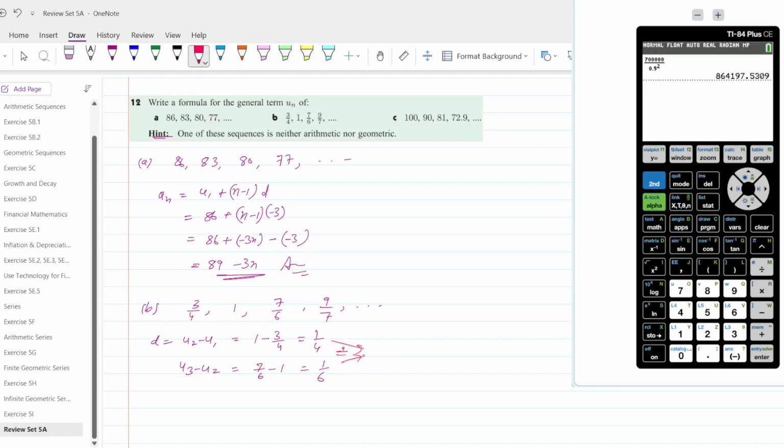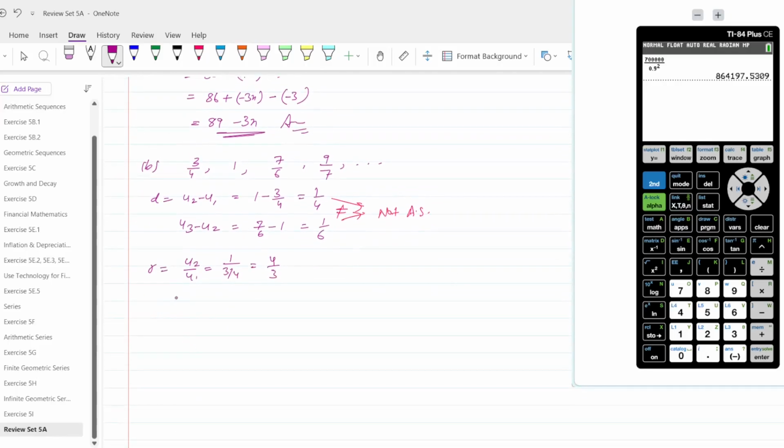These two differences are not equal, hence not an arithmetic sequence. Let's try a geometric sequence. R equals u2 divided by u1, that is 1 divided by 3 by 4, or 4 divided by 3. Similarly, u3 divided by u2 is 7 by 6 divided by 1, or 7 by 6. Again, the ratio is not equal, hence we can say not a geometric sequence.